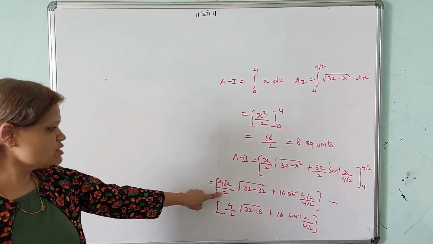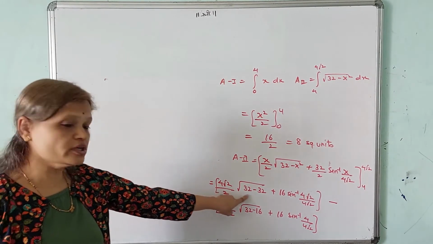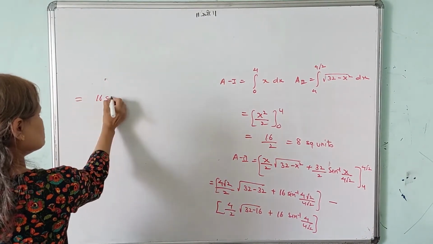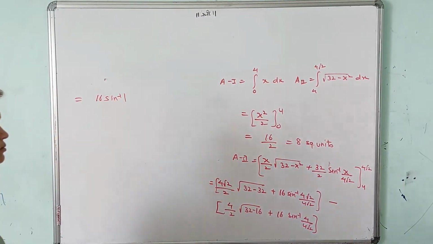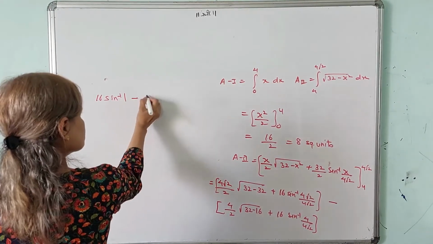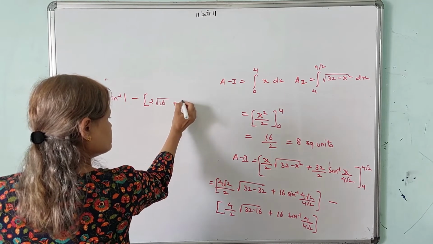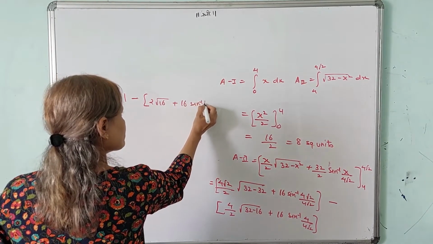You can see here this part, the first term will become 0, 32 minus 32. Here it will be 16 sine inverse 1, minus, this will be 2 root 16 plus 16 sine inverse 1 by root 2.